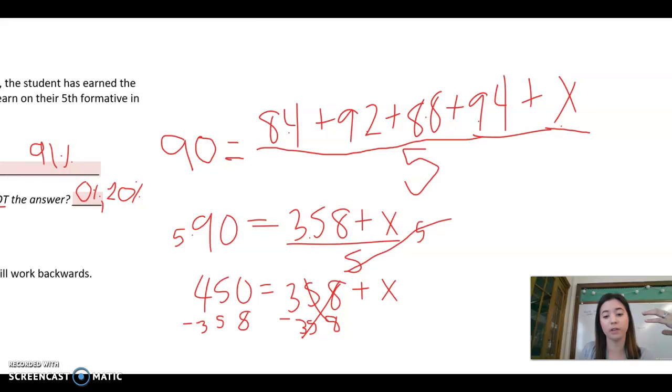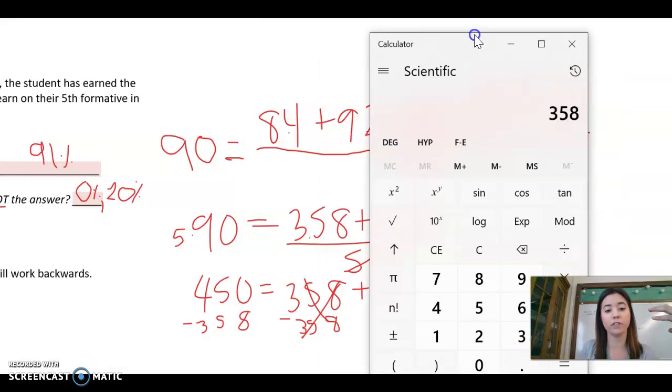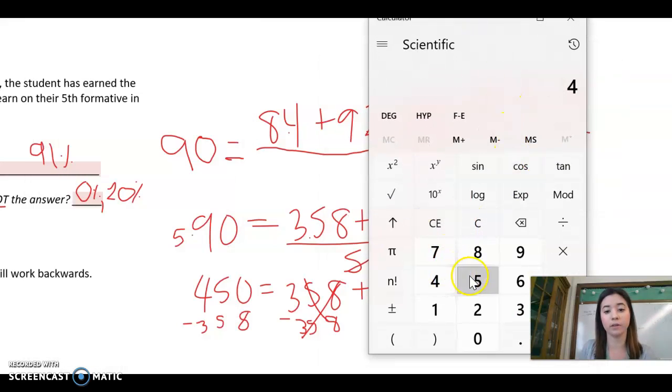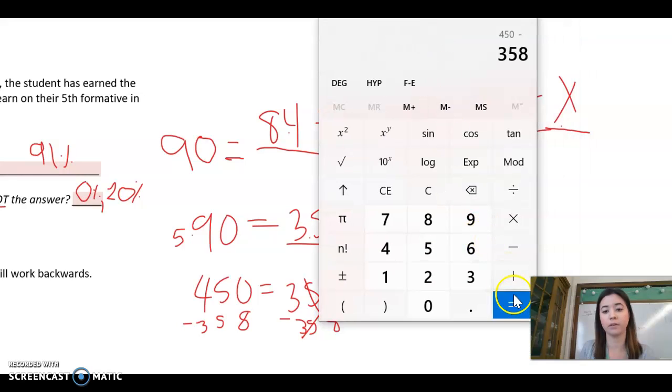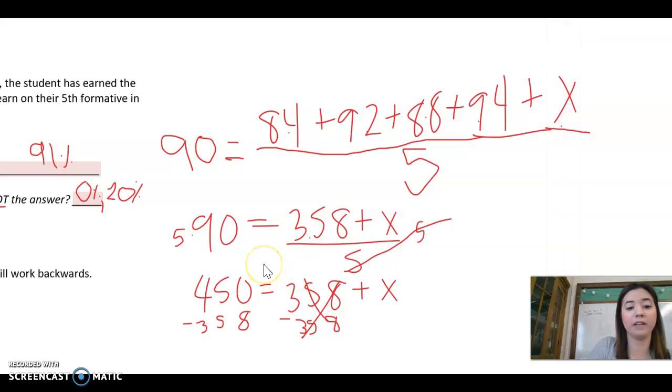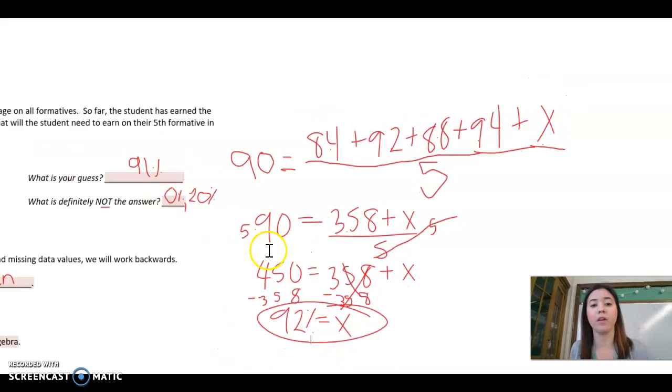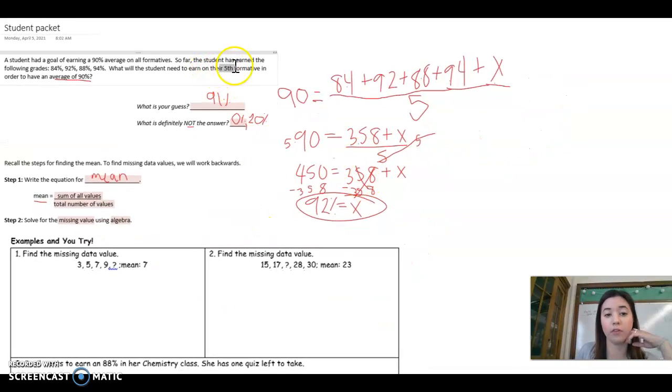Those cancel, and then we can do 450 minus 358. And that equals 92. So that means they need a 92% on that fifth formative in order to get an average of 90 that they would like.